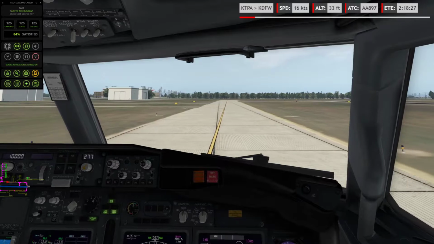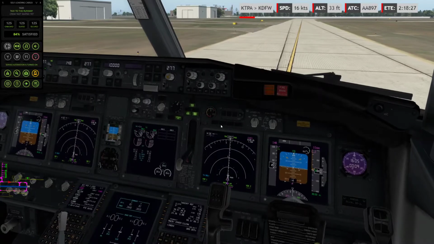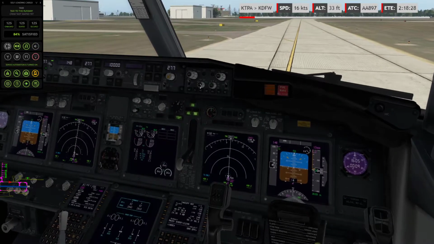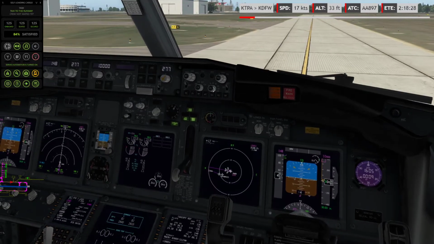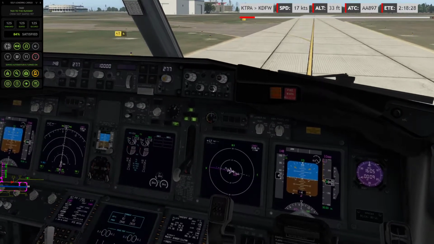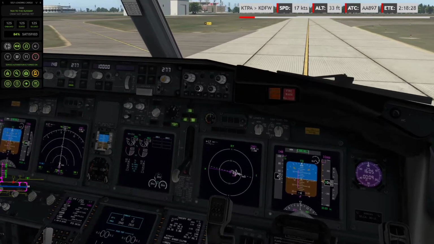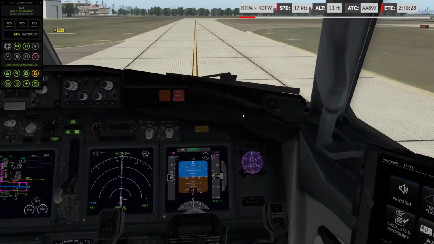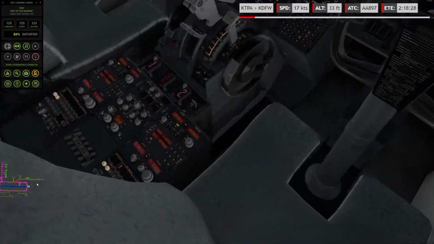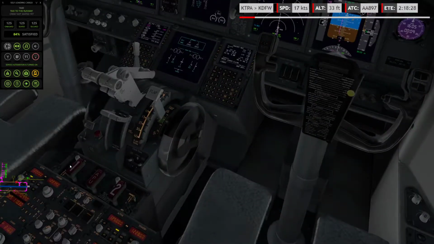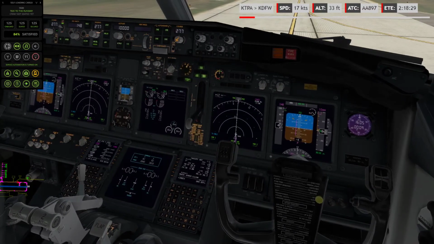Cabin, we have notified. MCP, we have. Let's have a look here. So we can go. Oh, hold on. We can actually go heading select. And it's a little bit dark, so if I can find the lights, there we go.